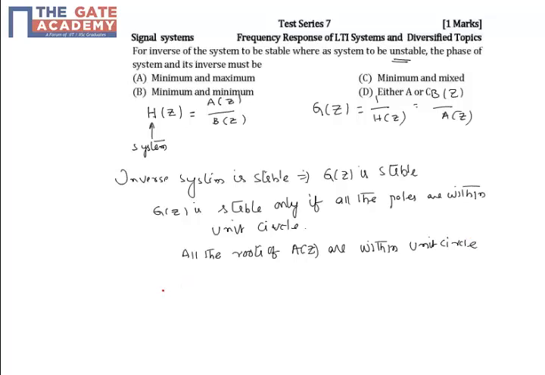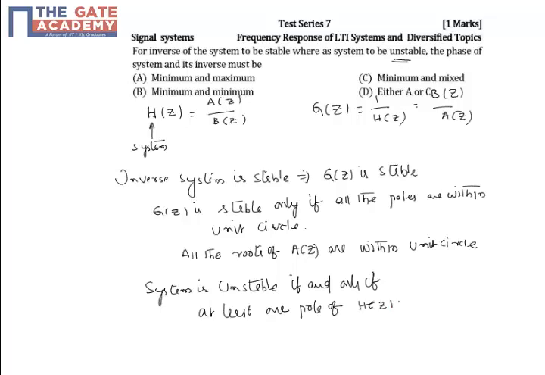And the second condition is the system is unstable. The system is unstable if and only if at least one pole of H of z is outside the unit circle.